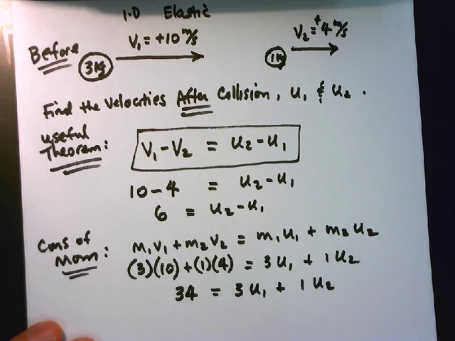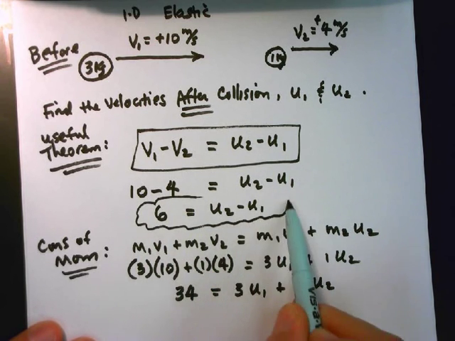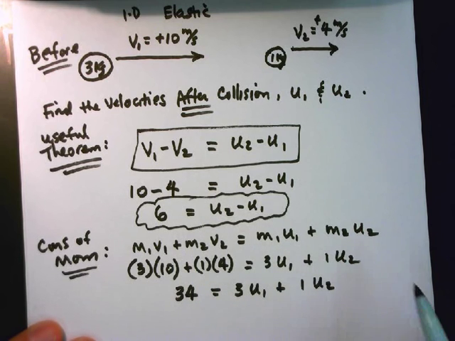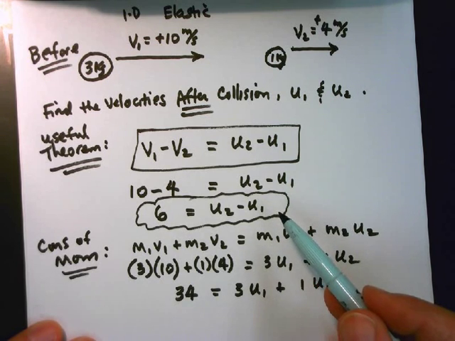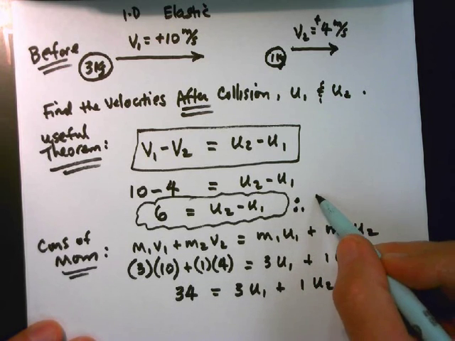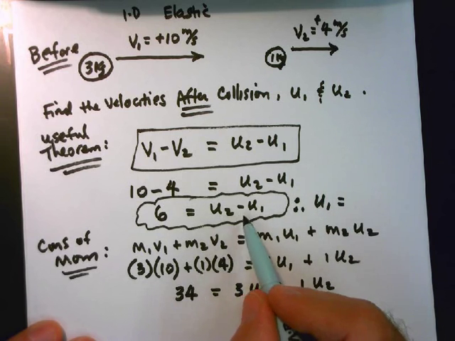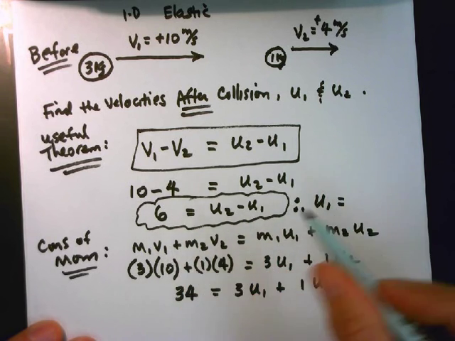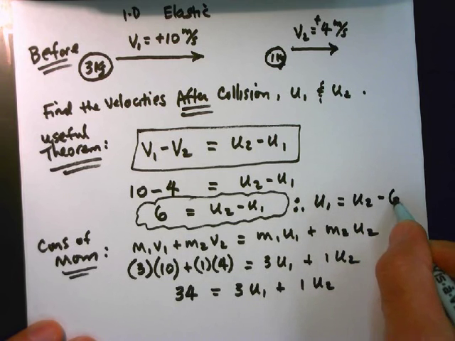Since we found this right here from our useful theorem, we can find, let's say, u1 in terms of u2. If we just rearrange this, u1 would be equal to u2 minus 6.